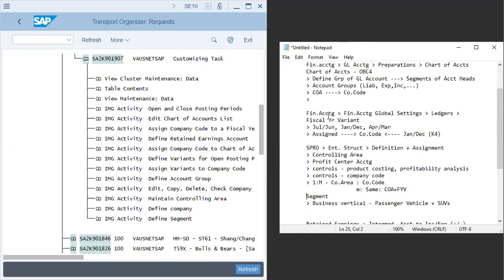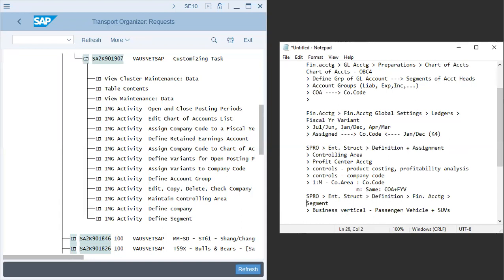Segment is SPRO, enterprise structure. No, not enterprise structure. I guess enterprise structure. Okay, enterprise structure, definition, financial accounting, and then we have segment, defined segment. Okay.